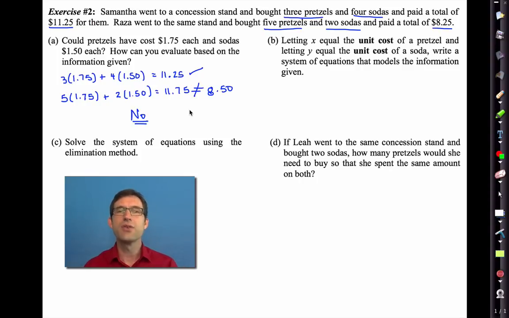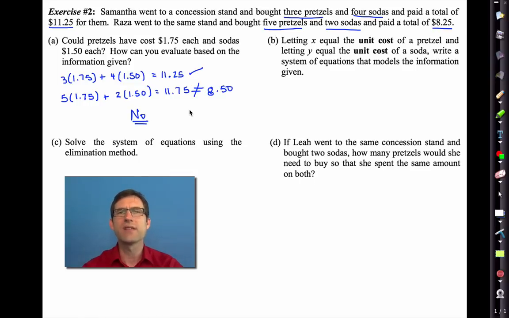Now, what this gets into is what's known as unit costs. Unit costs are simply the cost for one item of something. So the unit cost for a gallon of milk might be $2.25, although I think that's kind of cheap milk. The unit cost for a lollipop might be 50 cents, okay? And that's what we're going to do in this problem. We're going to figure out how much a single pretzel costs and how much a single soda costs.